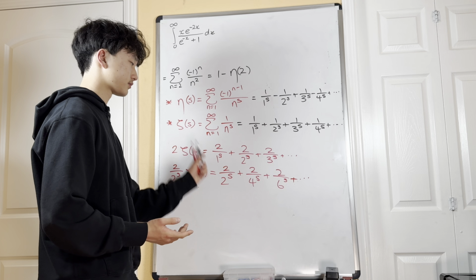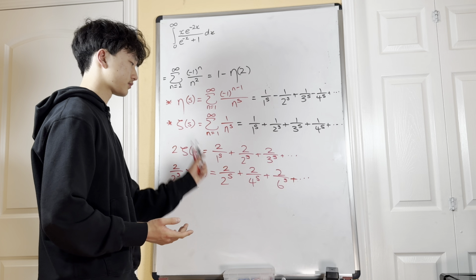And we're going to do that by changing this positive to a negative. So that's really simple. So this right here is just 1 minus, and this remaining sum exactly matches the form of the eta function, where s is 2. So this is just eta evaluated at 2.